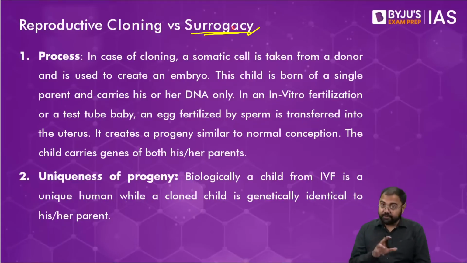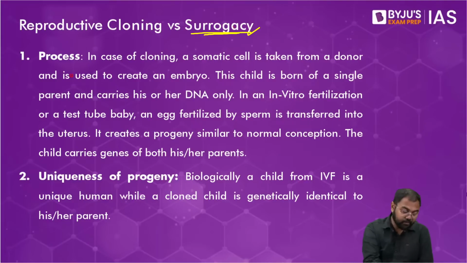In the case of surrogacy, that's not the case. In the case of surrogacy or in vitro fertilization or the birth of a test tube baby, there are still two parents involved, and fertilization still happens between the male and the female cell. So that's why it is sexual reproduction, whereas in the case of cloning, we know that it is asexual reproduction. So as a process, it is completely different.